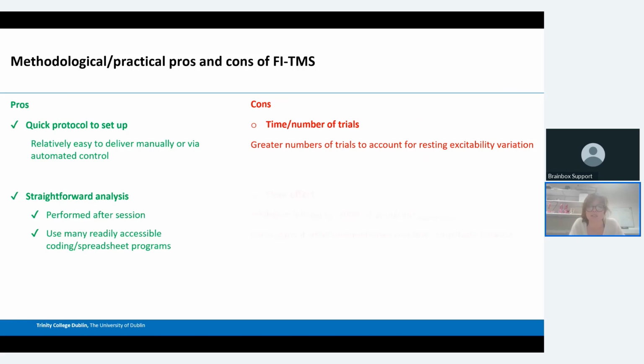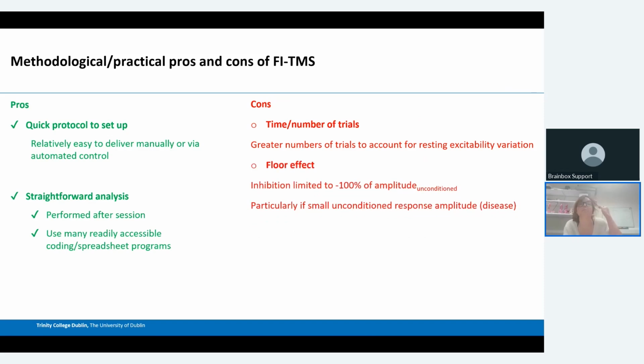One of the other major issues is floor effects. So particularly if you think about inhibition. Inhibition is reflected as the average motor evoked potential getting smaller. But what happens if your motor evoked potential gets so small that it disappears?